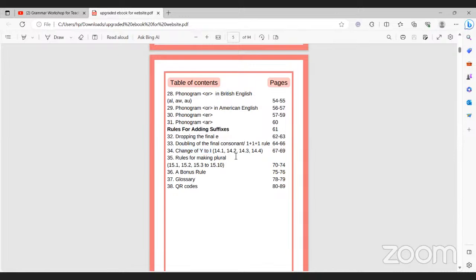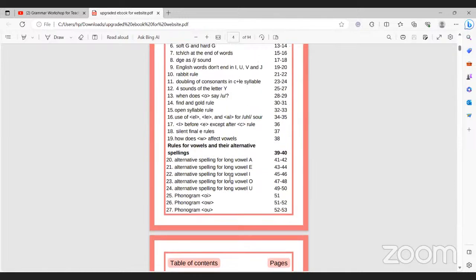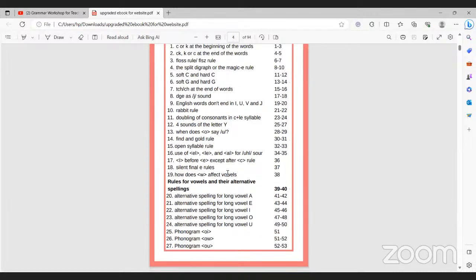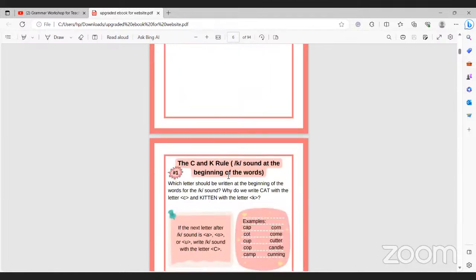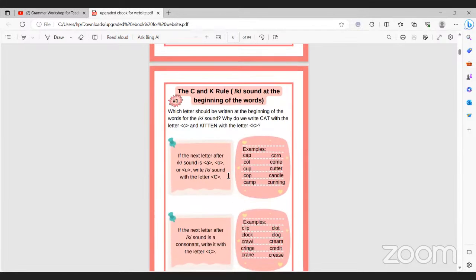Rules for making plural is one heading, but inside this we have 10 rules, 15.1, 15.2, 15.3 to 15.10. If I'm saying rules for alternative spelling of A, you will get multiple rules in them. I have just not marked them individually because I thought they should all come under one heading.